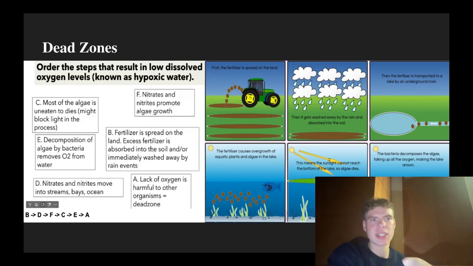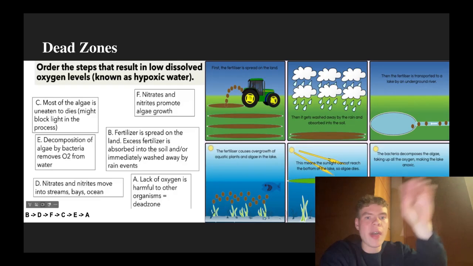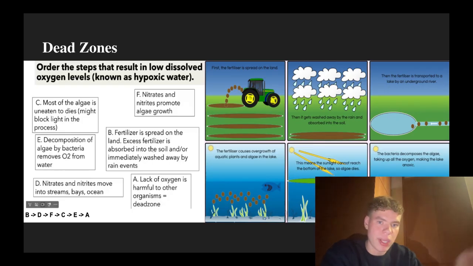All of that excess nitrogen from all that farming area, from all that fertilizer, is getting washed away into the Gulf of New Mexico when it goes down south. So all that excess fertilizer gets poured into the Gulf of New Mexico, and then it basically becomes a dead zone and nothing can grow there.